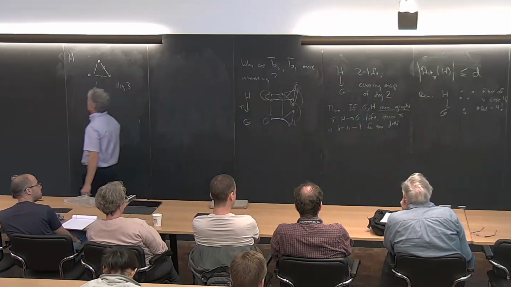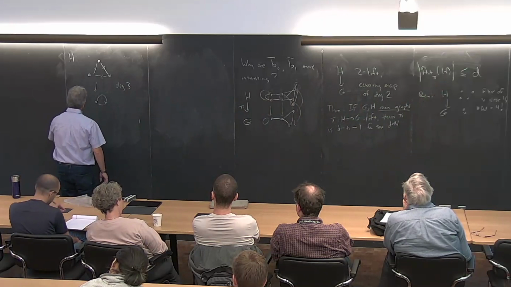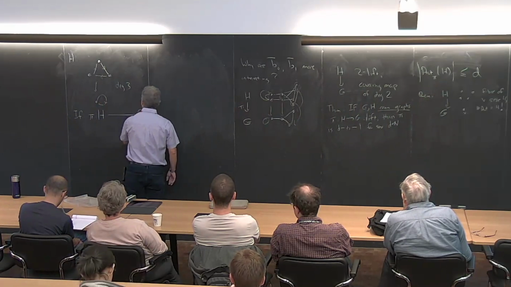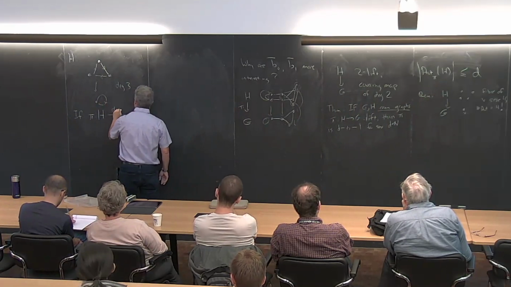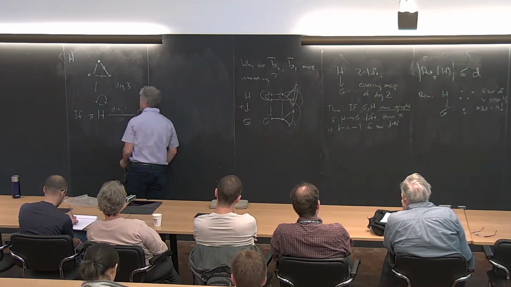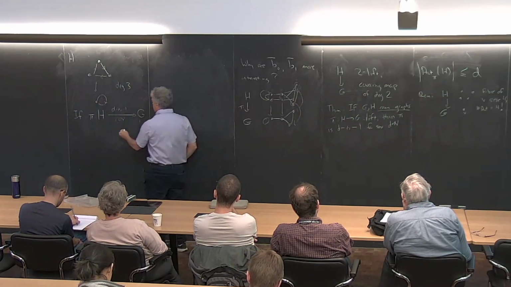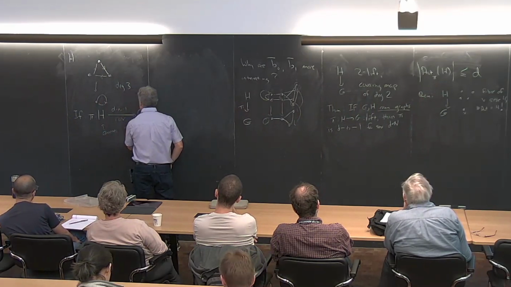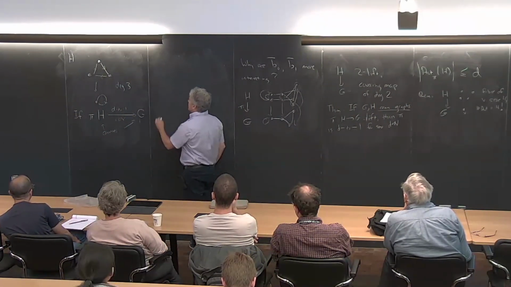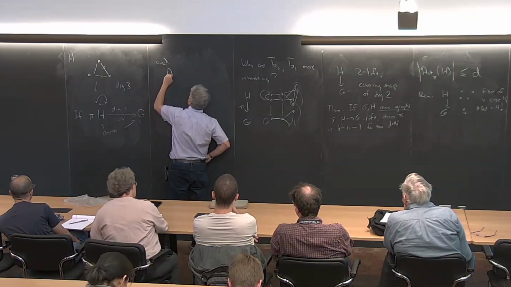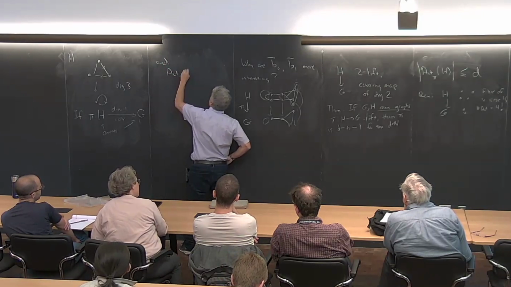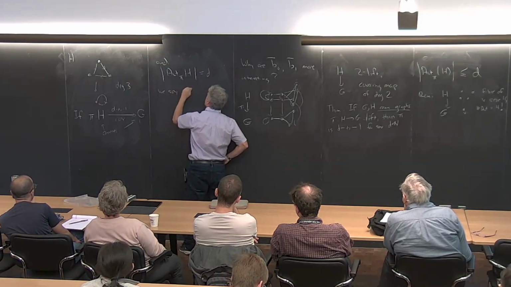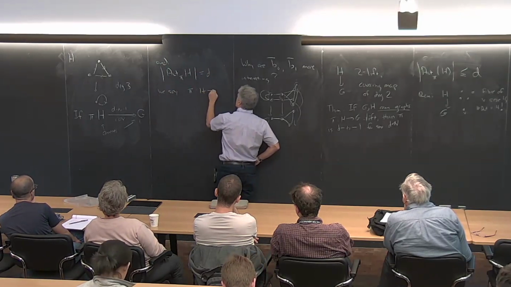So if we have a D-to-1 covering map to G, and these are both connected, and the automorphism group of H is actually equal to D, we say that the map pi from H to G is Galois.